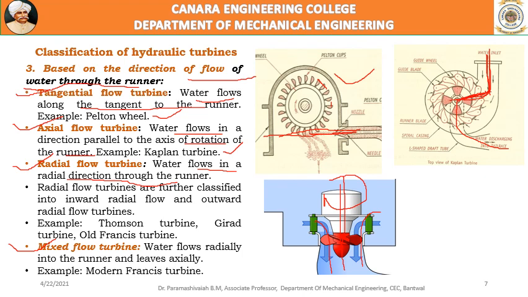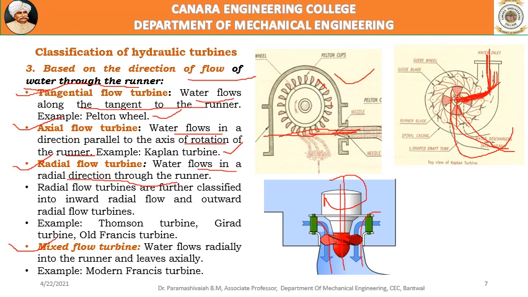That means, reverse of this, water enters at the center and then flows outward along the radius. Turbines wherein the water flows into the center first and then flows out along the radius are called outward flow turbines. Both are radial flow turbines.